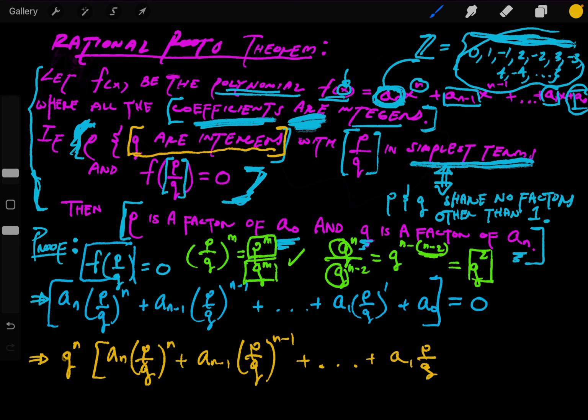Okay, and I'm just rewriting. If I multiply 0 by q to the n, I still get 0. So on the right-hand side everything stays 0, and all I did was multiply by q to the n over here. And now I have to distribute.